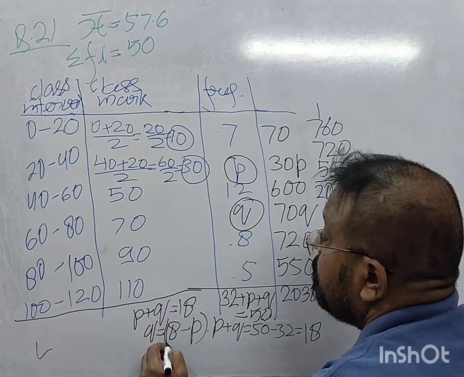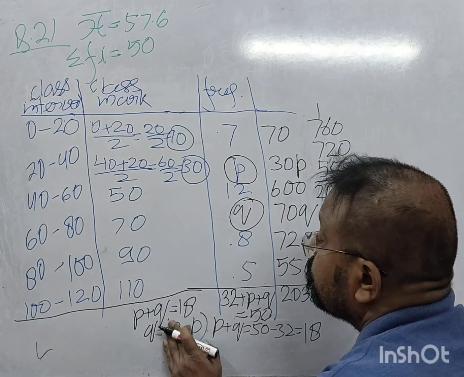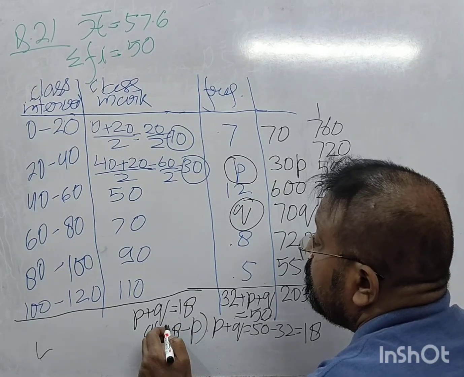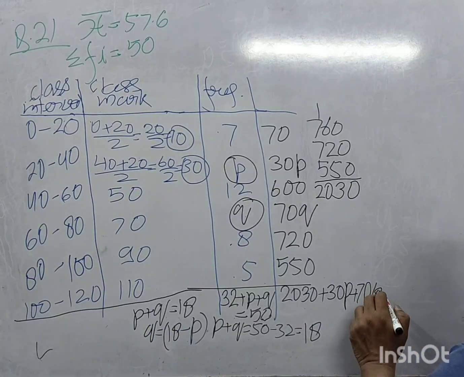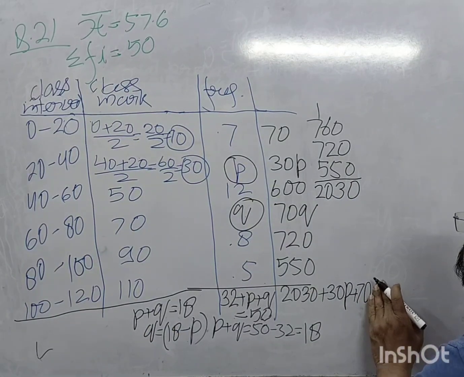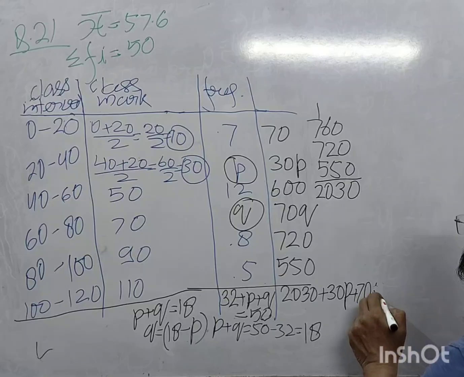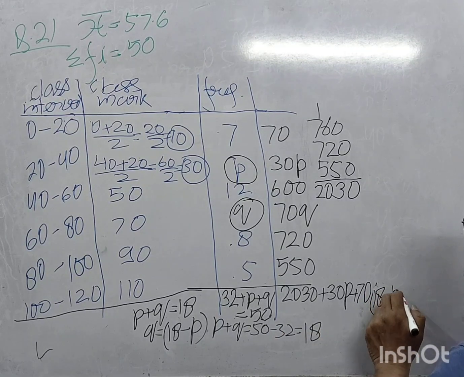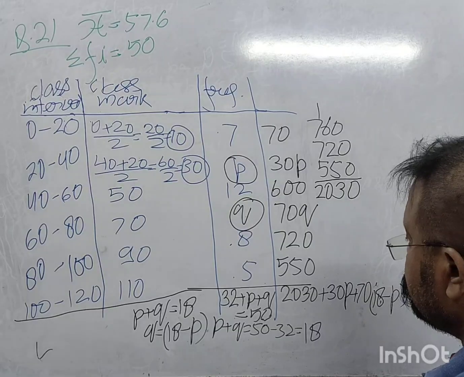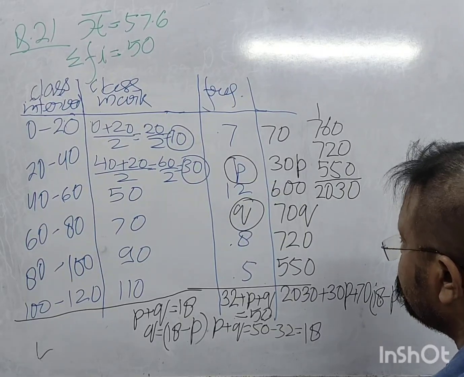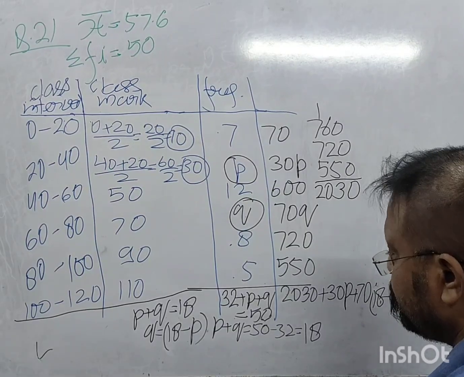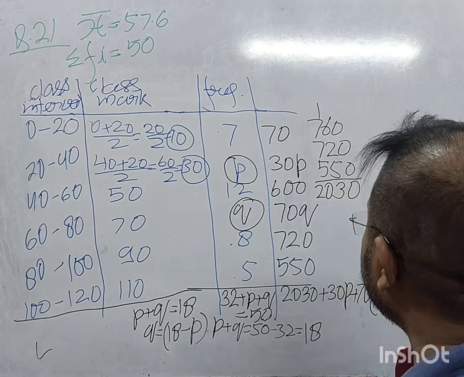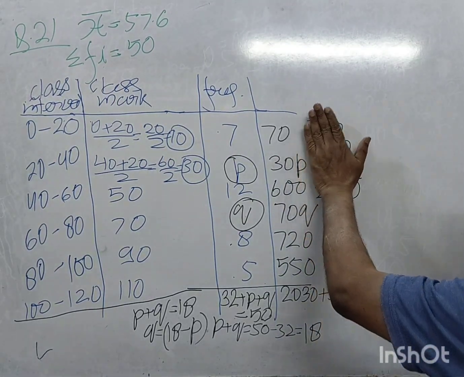So it is 18, and Q is 18 minus P. Now how will you solve this?